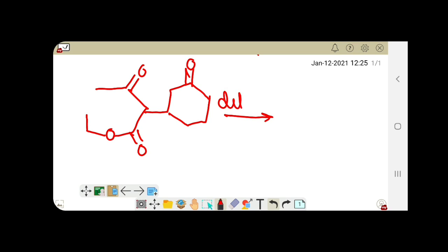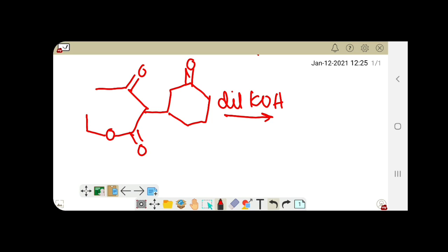Now we are going to add dilute KOH as it was given in the question. Now we can see that there is a very good leaving group here. Can you identify it? Yes, it is the OR group that is attached here in our given substrate.